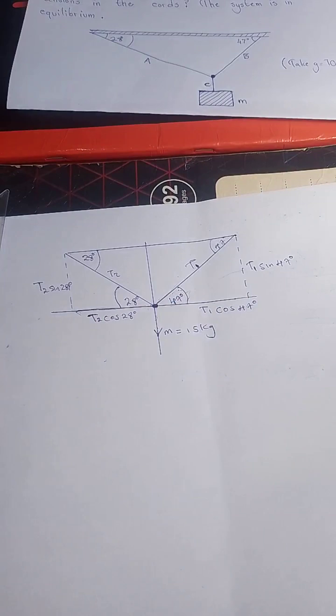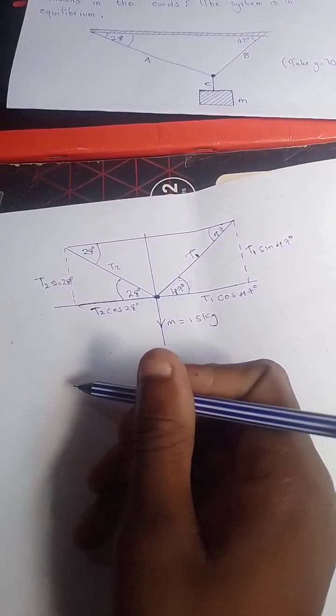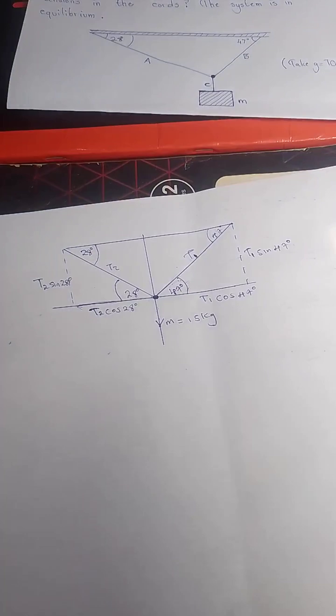So now, when I resolve my diagram into its components, and knowing that my diagram is in equilibrium, I can now solve it. Knowing that my diagram is in static equilibrium, it means the upward force minus the downward force is equal to 0.